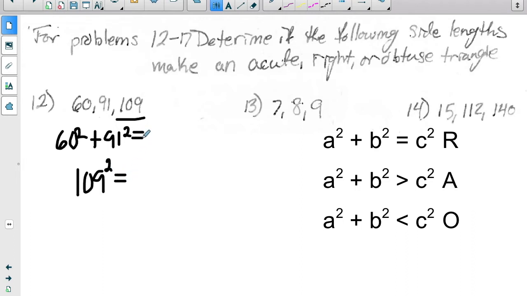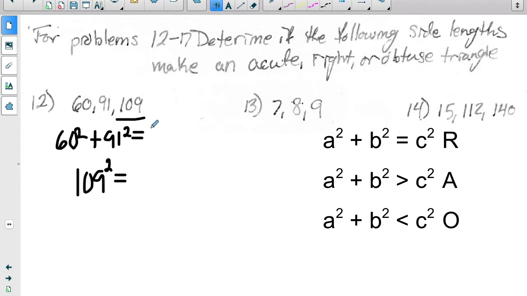And at this point here, we can plug all this into the calculator. We don't have to do this by hand like we did the last ones. Because on the last ones, if you remember, I did 60 squared and found out what it is, and then found 91 squared and found out what it is, and then added those two together.